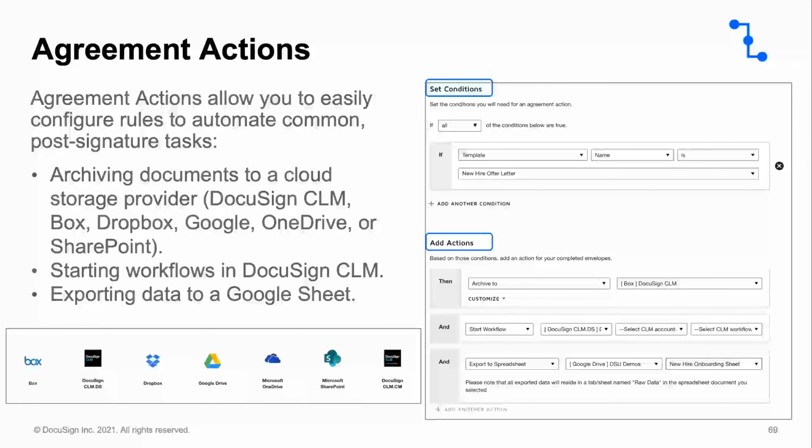Or maybe you need to export data to a Google Sheet. By setting up these agreement actions, you're basically able to automate these actions in the system by setting up conditions. So you can say if certain conditions are true, then these actions will occur. So in this case, if the template name is new hire offer letter, then we're going to archive to DocuSign CLM, and we're going to start a workflow in CLM.